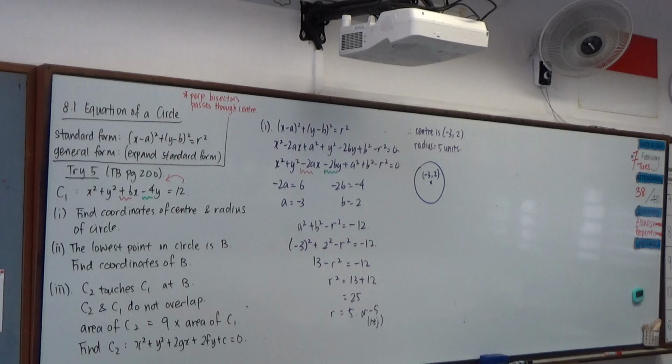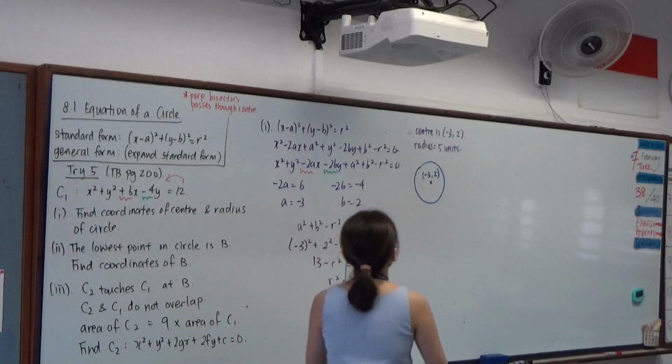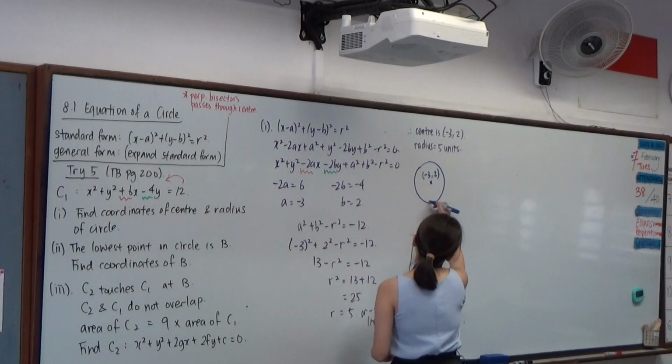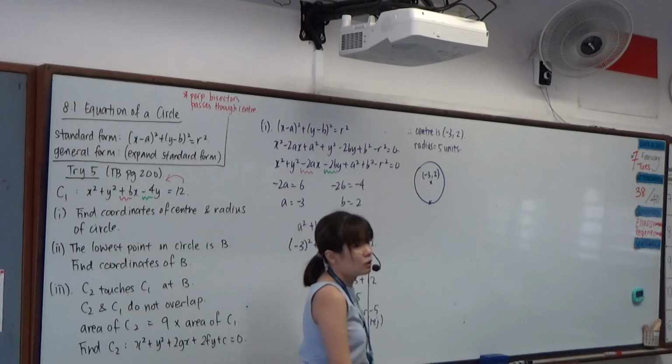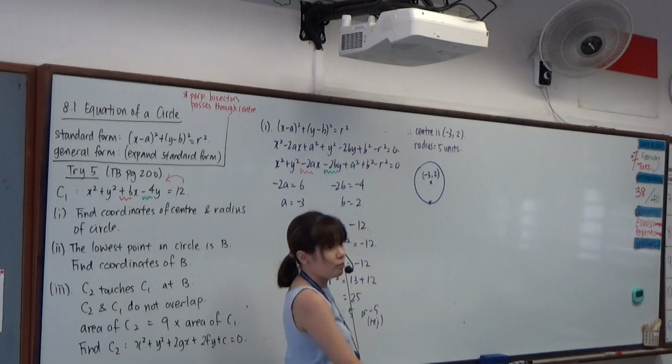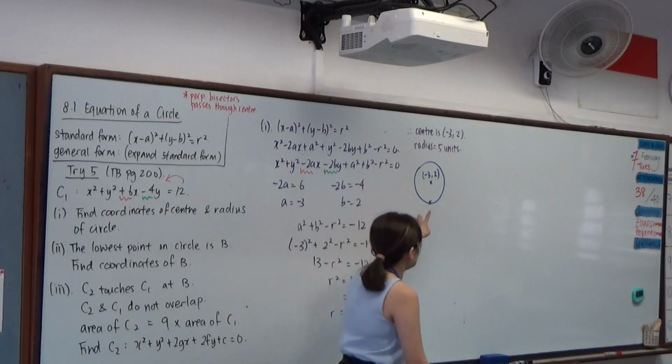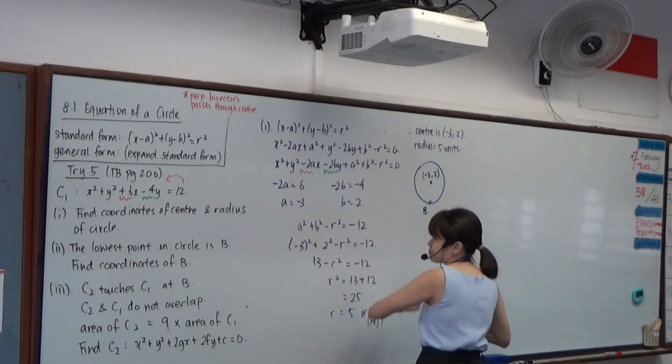Okay. Here or here? Directly below the center, right? So the lowest part of the circle will always be directly below the center, no matter whatever size your circle is. So B will have to be here.